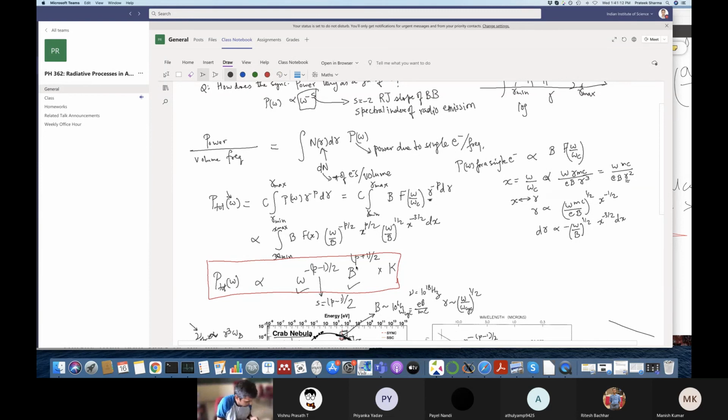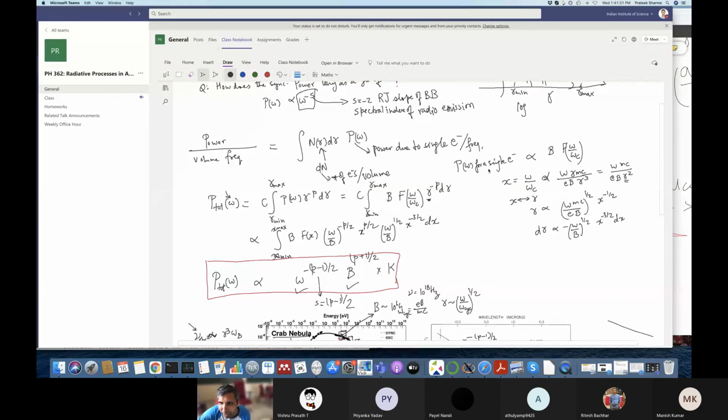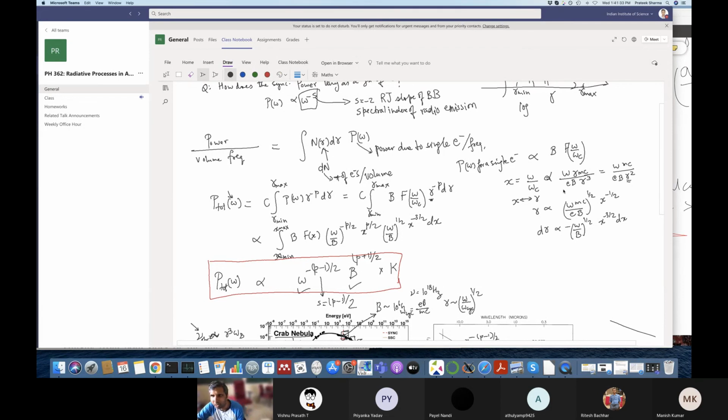There are not many typos or errors, so it must be something that I missed. So there is a B here. There is gamma to the minus p. Oh yeah, omega c is eB over (2 pi) gamma m c, gamma squared.